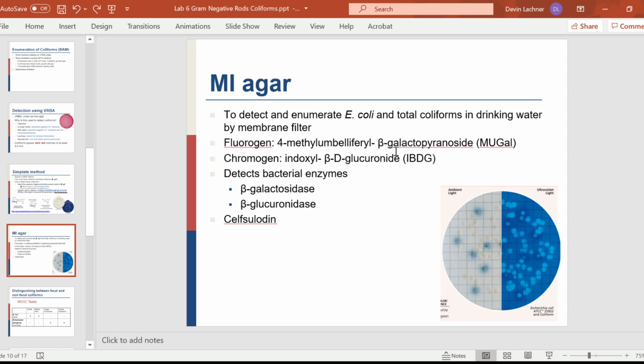And the beta-glucuronidase is again going to be detected. So it's going to be detecting two different bacterial enzymes, beta-galactosidase and beta-glucuronidase. And it'll get a fluorescent color as well. Fluorogen and chromogen: fluorogen is for the fluorescence, and then chromogen is for the color. But you don't have to worry about any of the specifics too much for this. We're not going to do this in the lab or anything.